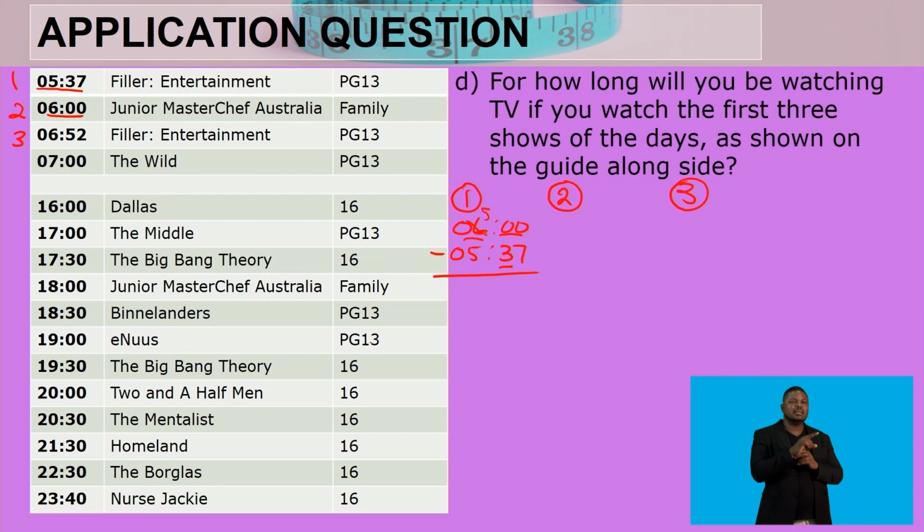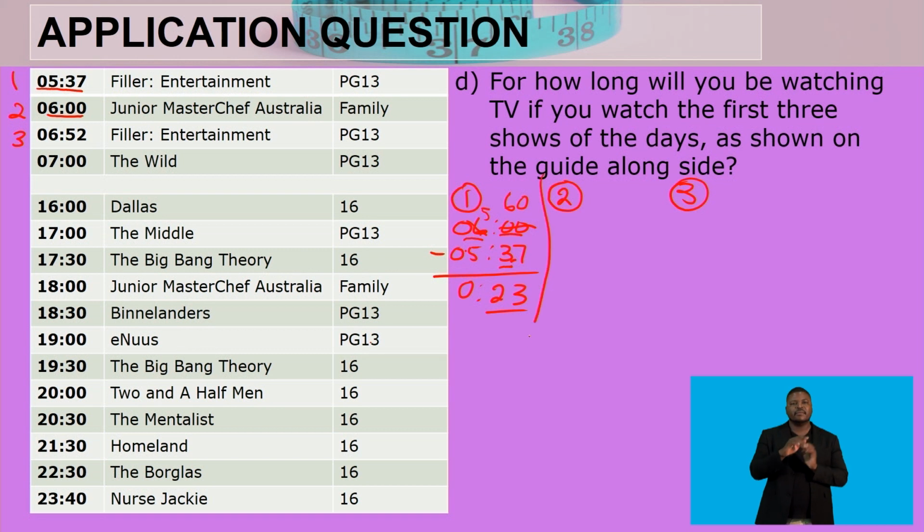Then we take the 1 hour and change it to minutes, because we are taking it to our minute side. 1 hour is the same as 60 minutes. So we'll say 60 minus 37. What is 60 minus 37? You can use your calculator, it's 23. Are you getting 23? Yes, it's 23 minutes, because 5 minus 5 gives us 0. So it means we've got 23 minutes for this show.